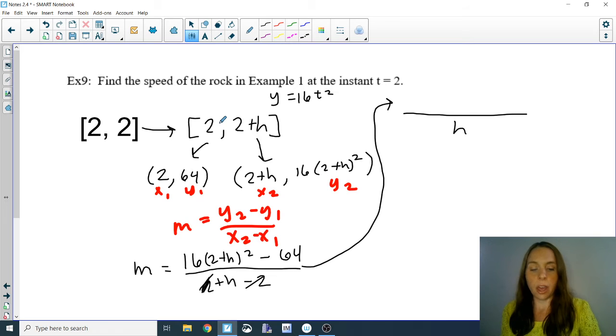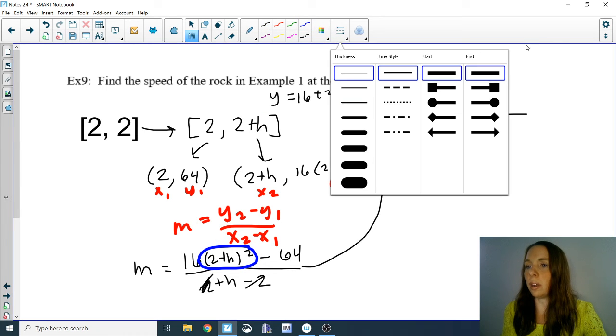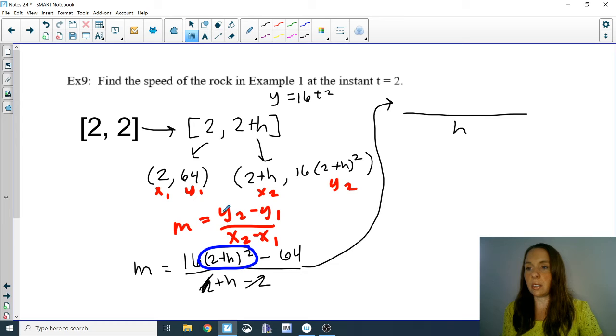Okay. In our numerator, I'm going to do a couple of things. The first thing I'm going to do is, let me grab a different color. I am going to expand this. I see a binomial quantity squared. I'm going to expand that.